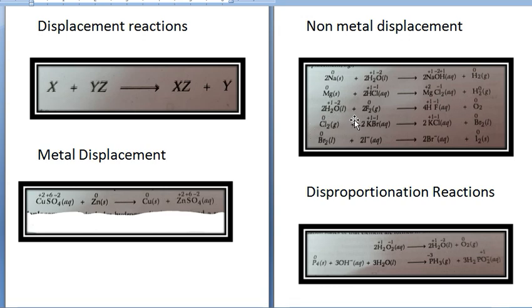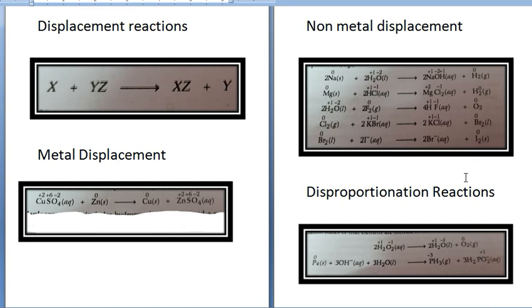Alright, and non-metal displacement, in which hydrogen displacement is common, and there is a rarely occurring reaction involving oxygen displacement. Oxygen displacement also takes place, but that is very rare.